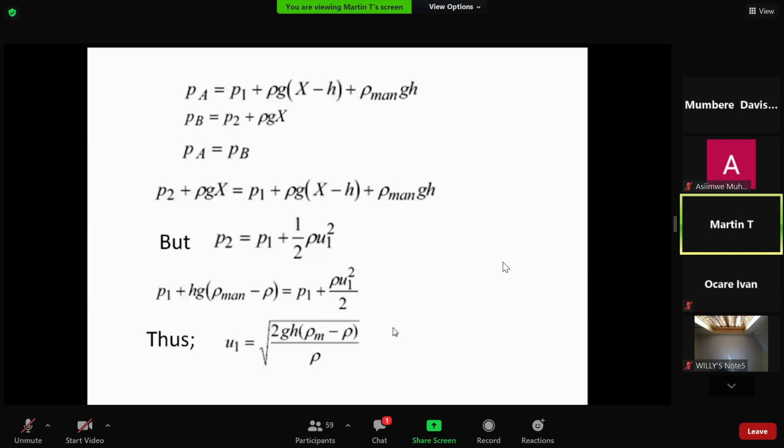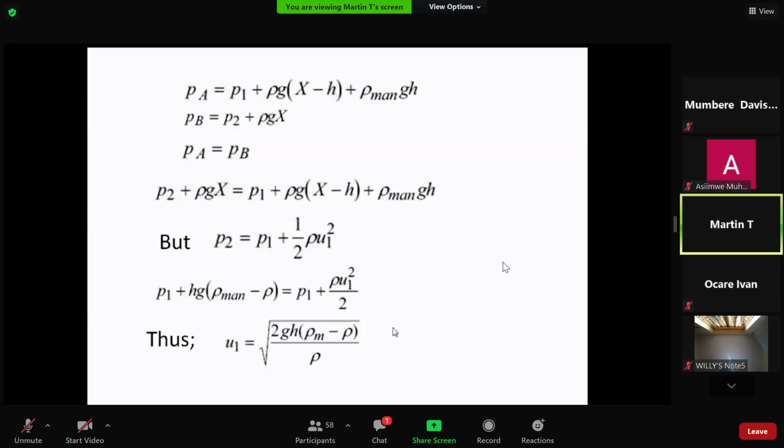Of course, in this derivation, remember we know that P2 is equal to P1 plus a half rho U1 squared, but we don't know what P2 is. So we are trying to find a derivation of U1 made up of items that we can easily measure.